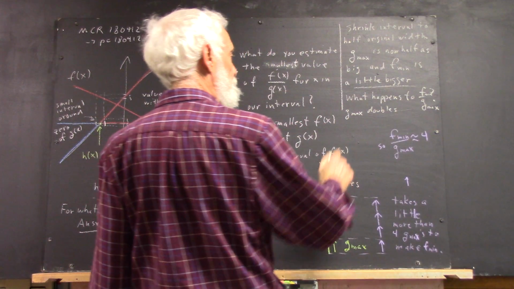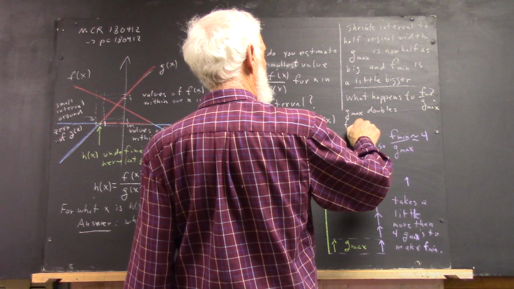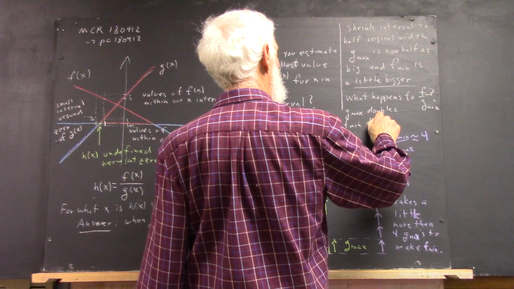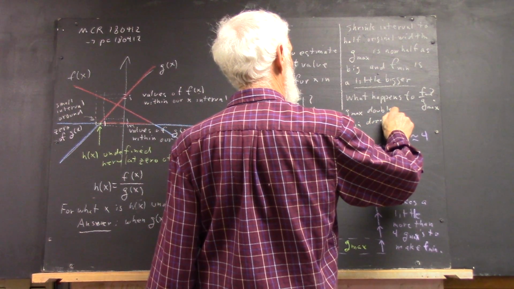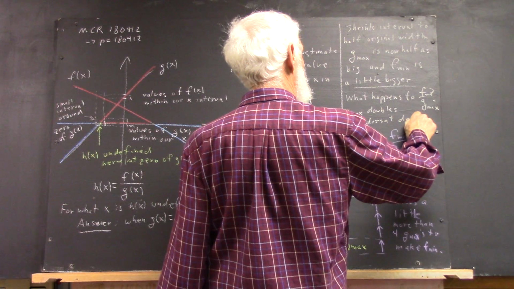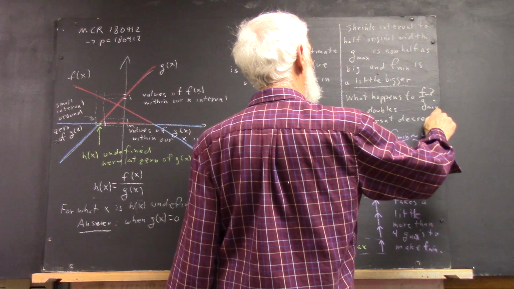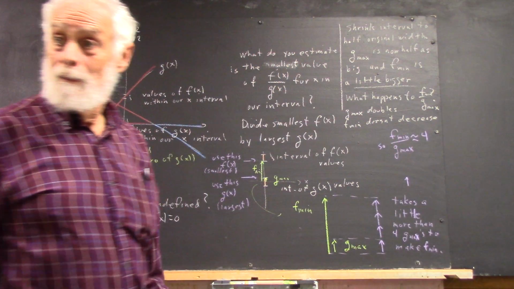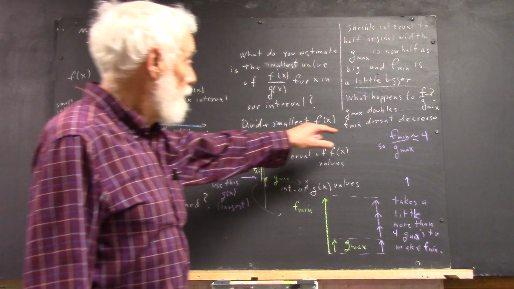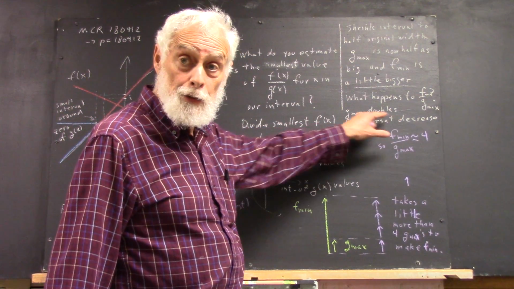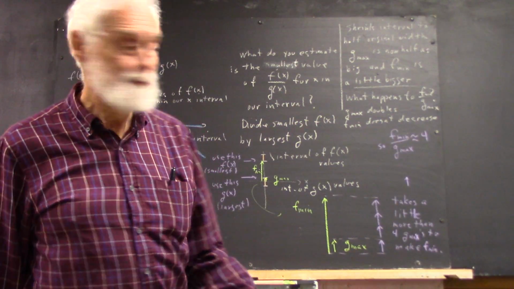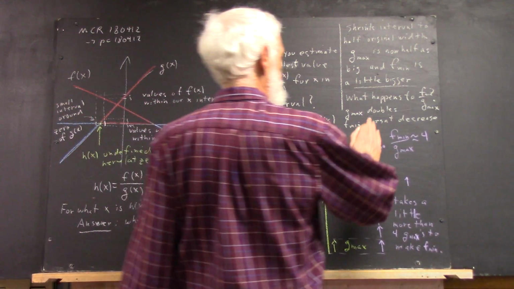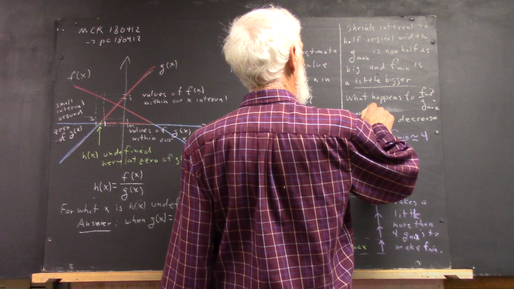G max doubles, F min certainly doesn't decrease, it actually increases a little bit. But just by noticing that F min doesn't decrease and G max doubles, this quotient has to at least... G max doesn't double. G max halves, right?